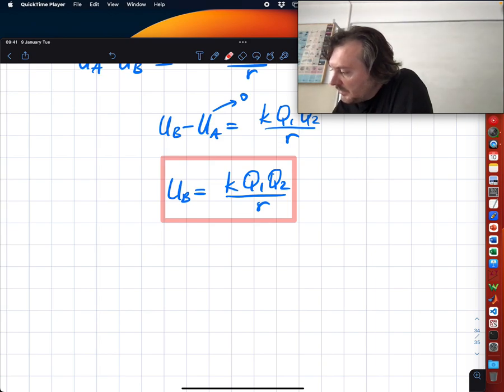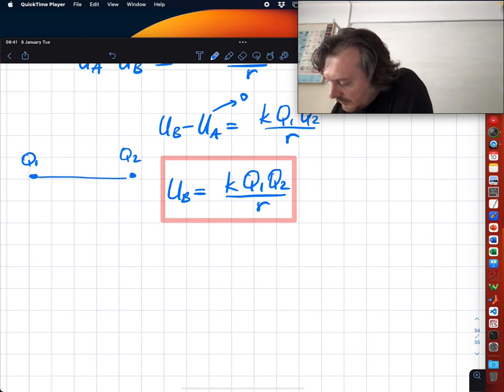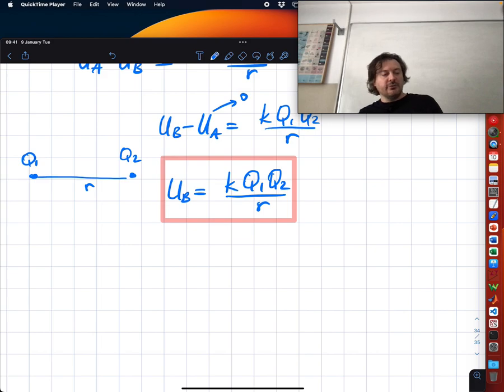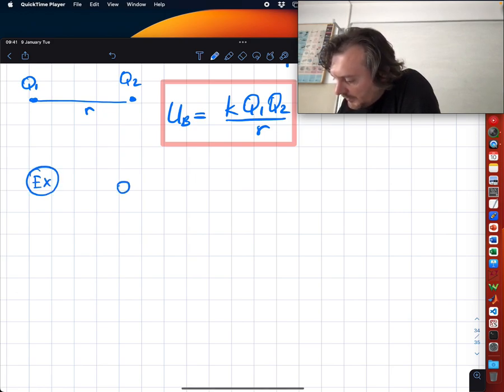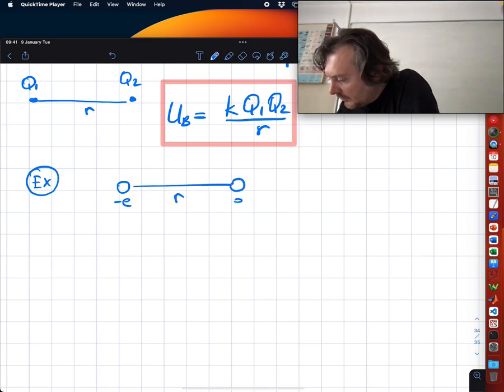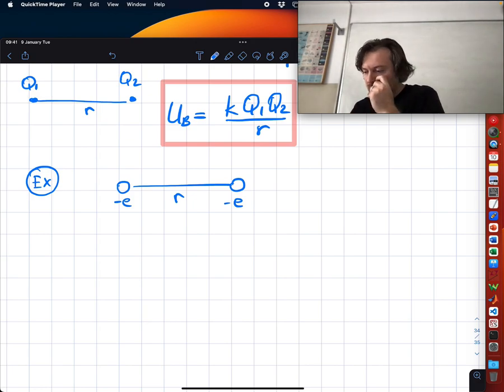So let me just here also draw it. Whenever you have a system like this, this is how you get the potential energy of the system. For example, let's say I have two electrons sitting like this at a distance r, and they have a mass of me.